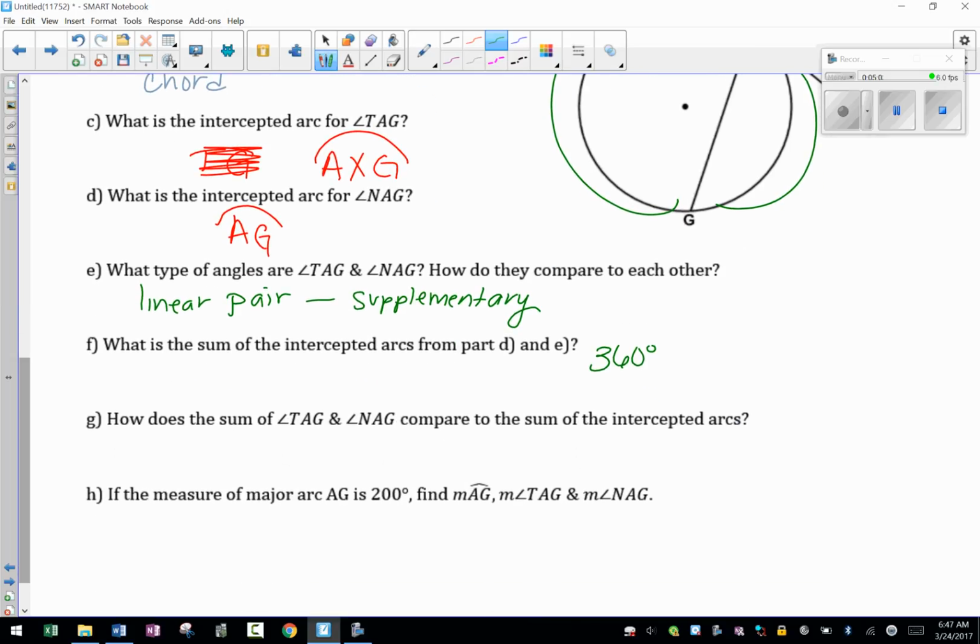Okay, so how do the sums compare to the sum of the intercepted arcs? It's half. So if the measure of arc AG is 200, therefore this angle would be 100.